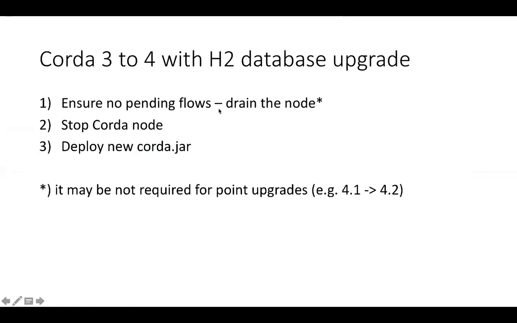For some specific upgrades, like from 3 to 4, with more complicated migration internally, we require you to drain the flows, so there are no pending checkpoints on the database. The reason is that, for example, the binary format internally has changed and it needs to start from fresh.